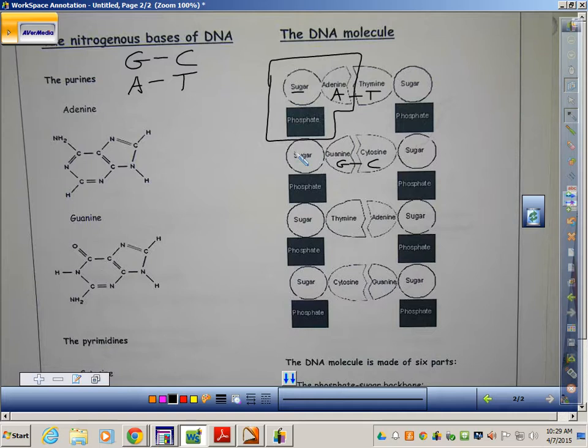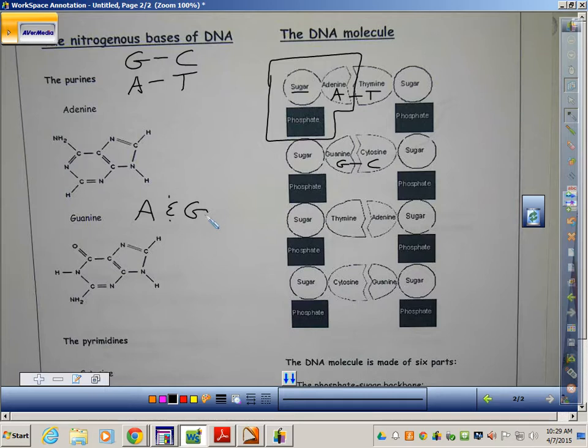Here's the thing. Adenine and guanine are 2 types of what are called purines. Everybody say purines. Purines are bigger. They're 2 carbon structures, 2 ring carbon structures. We're going to take notes over this later. Don't freak out too much right now. Okay? So there's 2 types of purines, A and G. Adenine and guanine are my 2 purines.